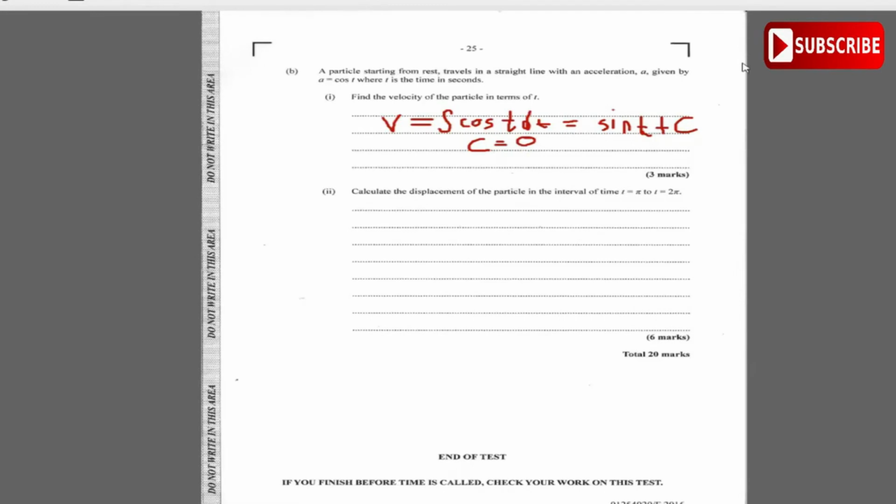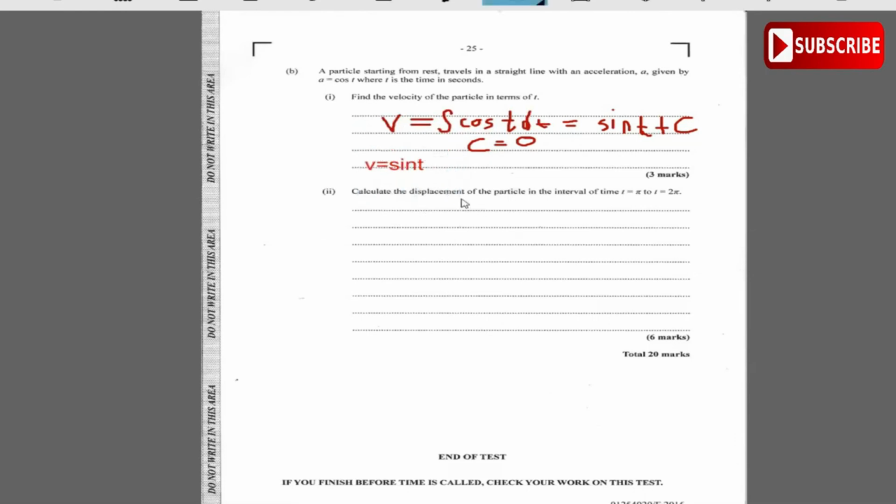So c is 0, and so the velocity is equal to sine t. So let's write that down. The velocity v is equal to sine t. 3 marks for doing nothing. We gladly accept these 3 marks.